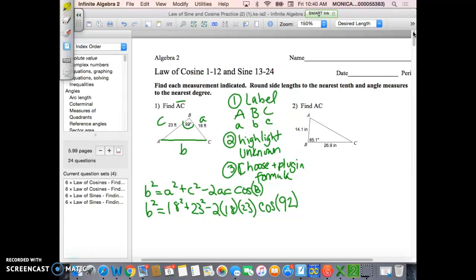Let's see, I'm going to do 18 squared plus, again, remember you have to be in degrees, minus 2 times 18 times 23 times the cosine of 92. Hit enter, and you should get 881.